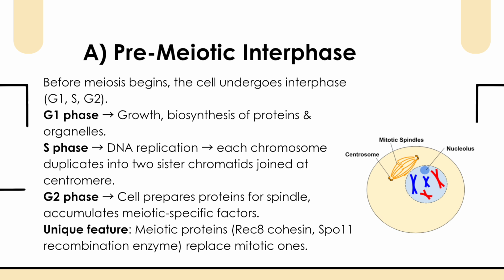Unique to meiosis, meiotic-specific proteins such as REC8, which is a meiotic cohesin, and SPO11, which initiates recombination by creating double-strand breaks, are expressed. These replace some mitotic factors and set up recombination and special cohesion patterns needed for meiosis.